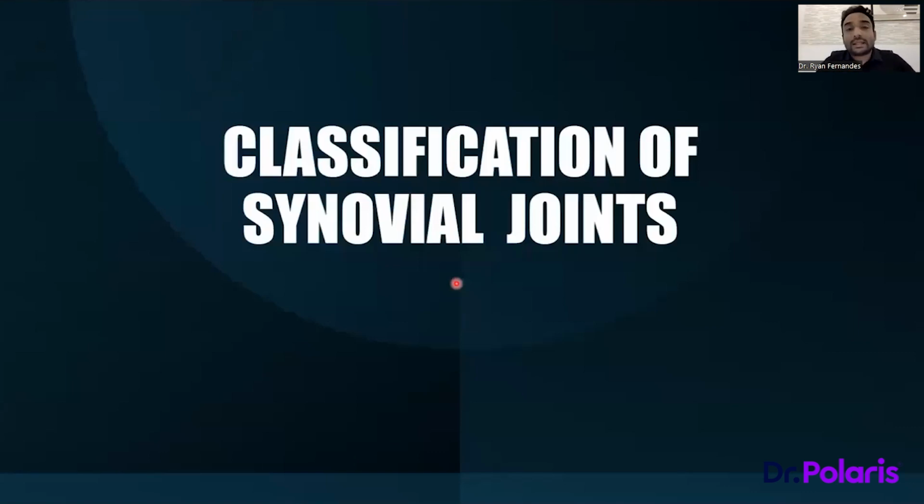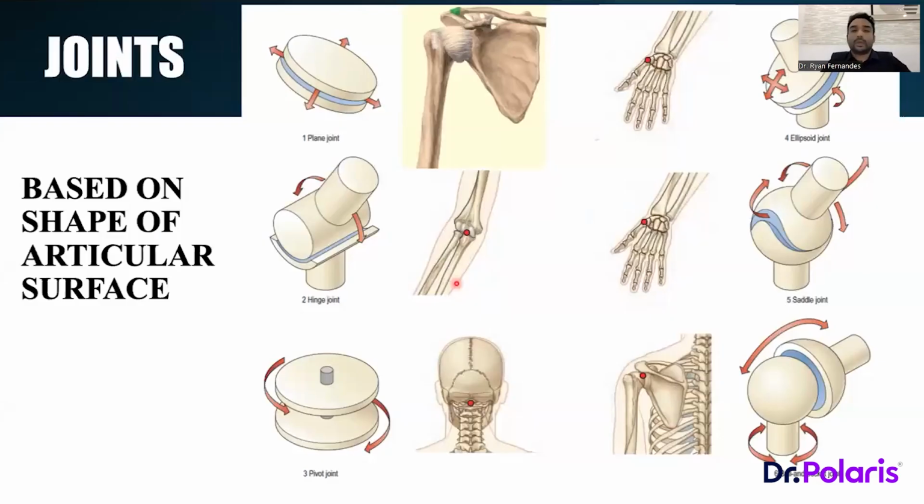Next, we come to the classification of synovial joints. Remember, we are still talking about synovial joints. Solid joints were already discussed. We'll brush through those as well. Now, synovial joints are classified based on their structure as well as function. Structure, that is based on the shape of the articular surface, the shape of the two surfaces which are meeting each other.